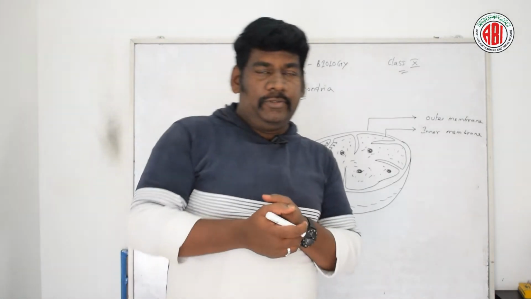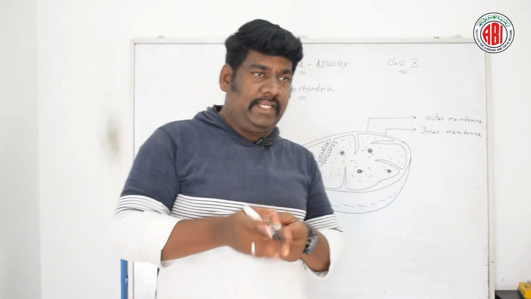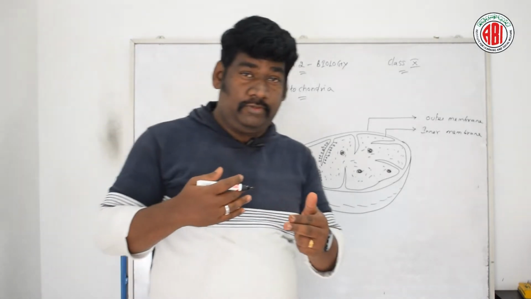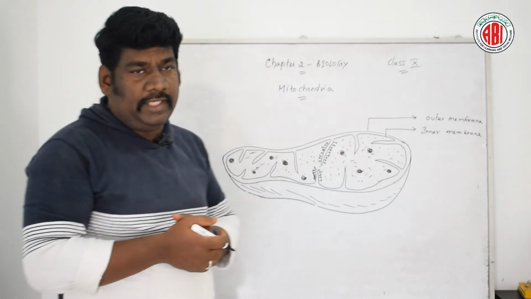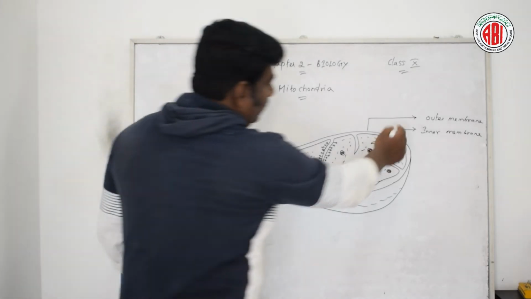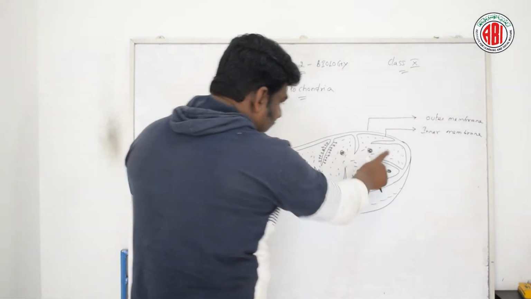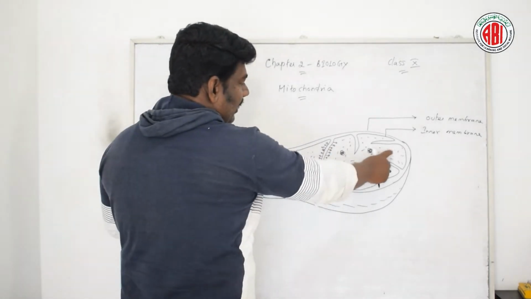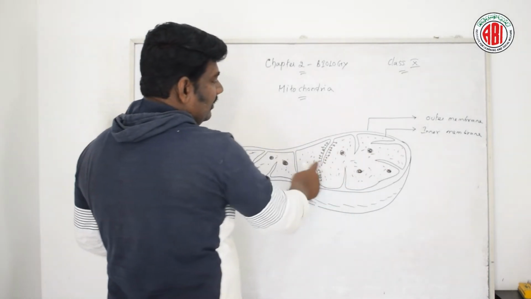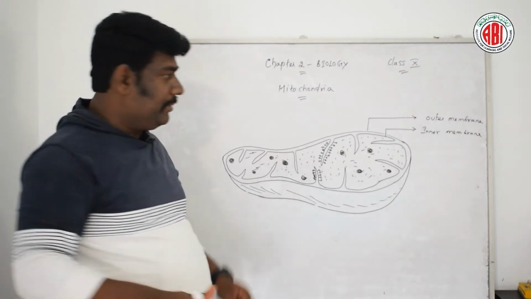Now we are going to label some more detail. The outer membrane is done and the inner membrane is done, and inside there is a large empty space. Here you can see the small dots are there. That is the large empty space.